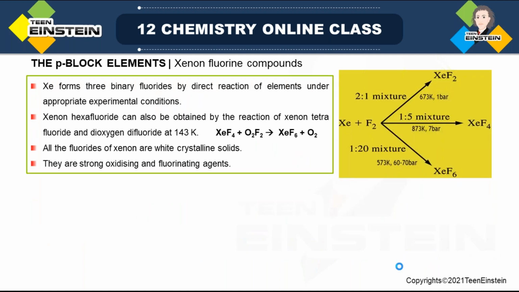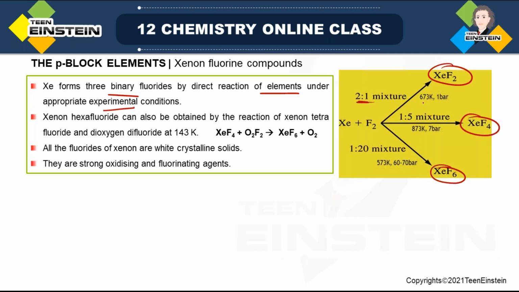Xenon fluoride compounds. Xenon can form 3 different binary fluorides. The word binary means a compound of 2 elements, xenon and fluorine here, by direct reaction of the elements under appropriate experimental conditions. So depending on the conditions you have taken, you can get 3 different fluorides.